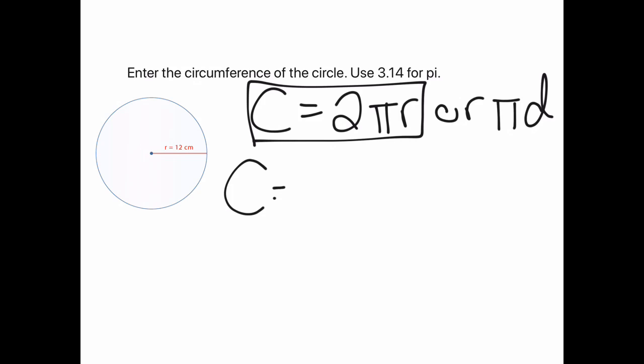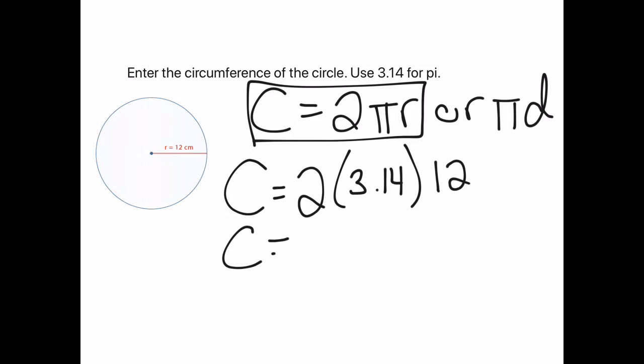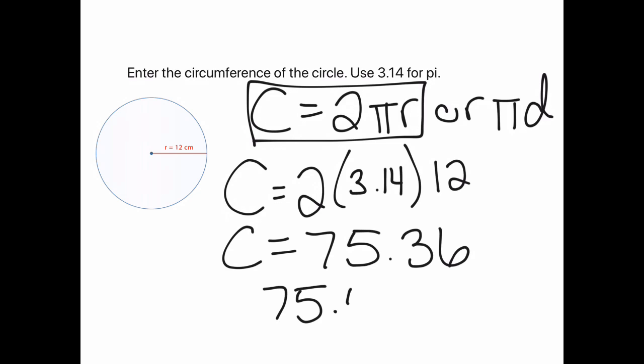So circumference equals 2 times 3.14 for pi times 12 for our radius. And what we get when we do our multiplication is that the circumference is 75.36. Remember that our problem asks us to round to the nearest tenth, though, which actually makes it 75.4, because this 6 rounds that 3 up.